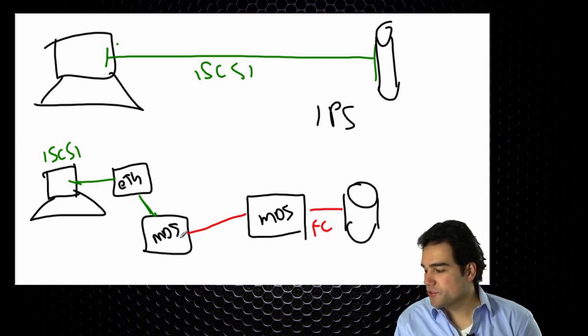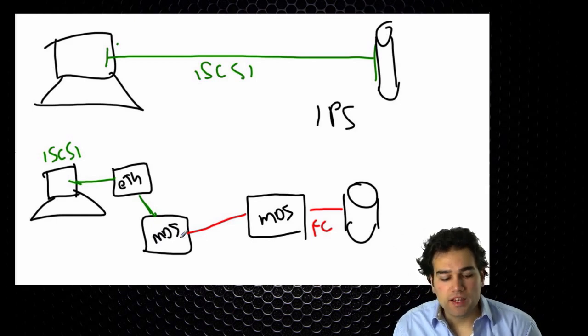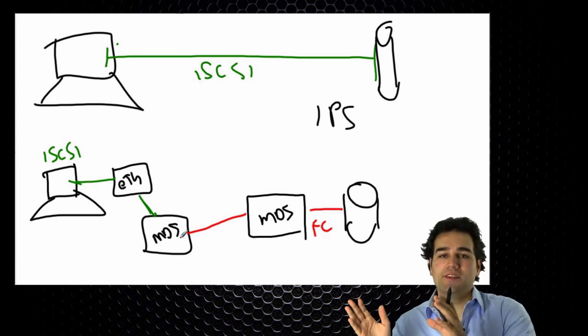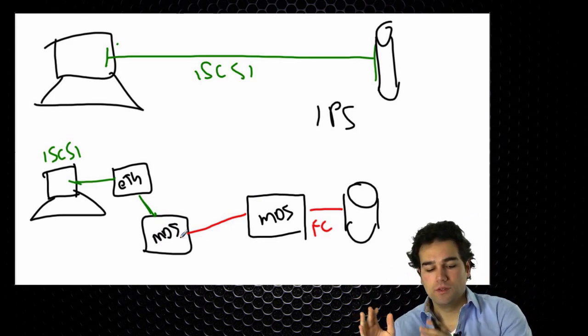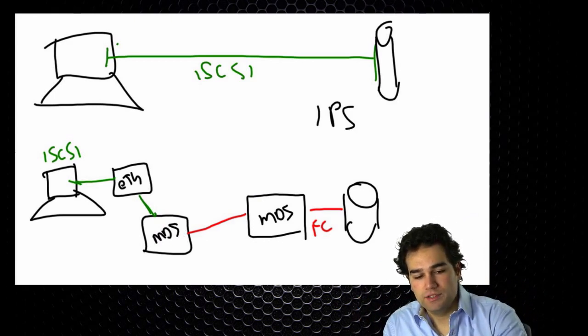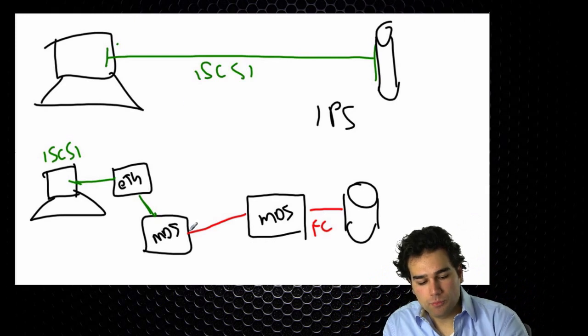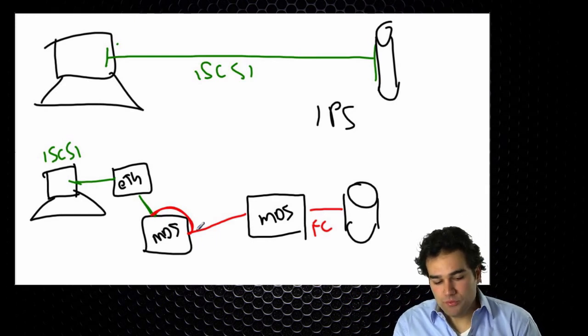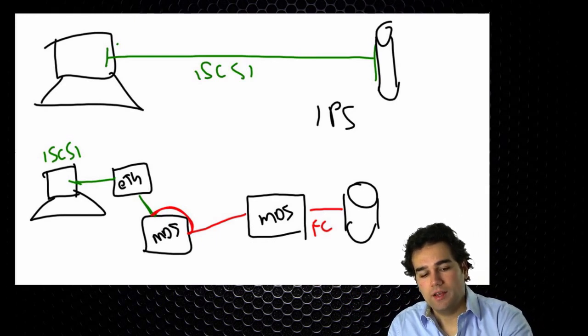Now, that IP storage related feature means that I can translate iSCSI frames into native fiber channel frames. So I can bridge these worlds together through the MDS by just spoofing on the MDS that I am an iSCSI initiator or an iSCSI target.